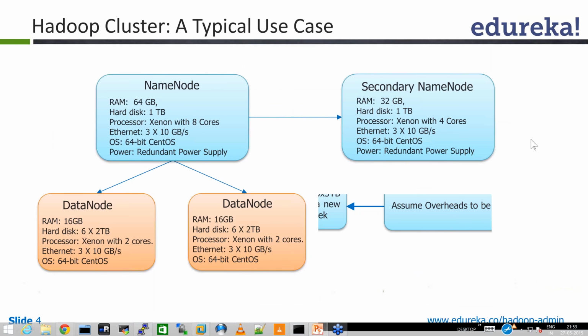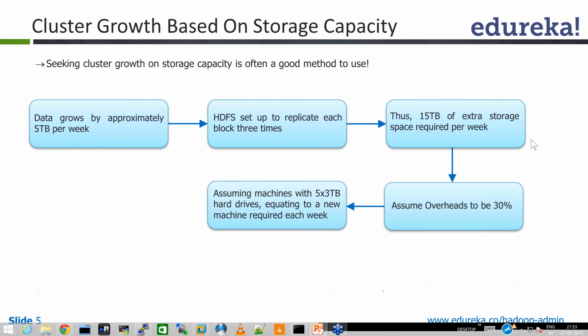Okay, so just taking an example here. Let's say you want to design a cluster on the basis of storage capacity. So seeking the cluster growth on the basis of storage capacity is certainly a good method to use, and generally we follow it in the cluster designing part.